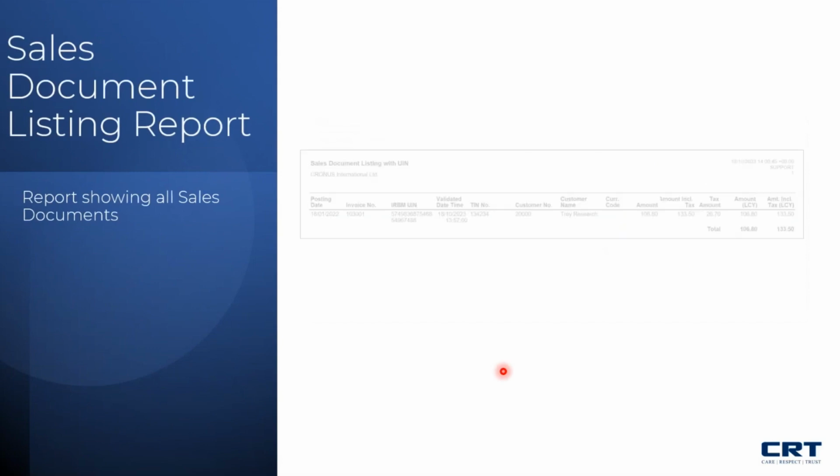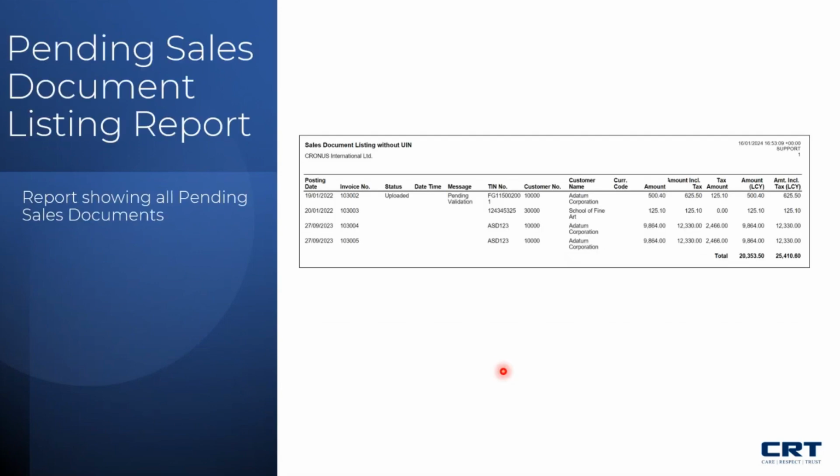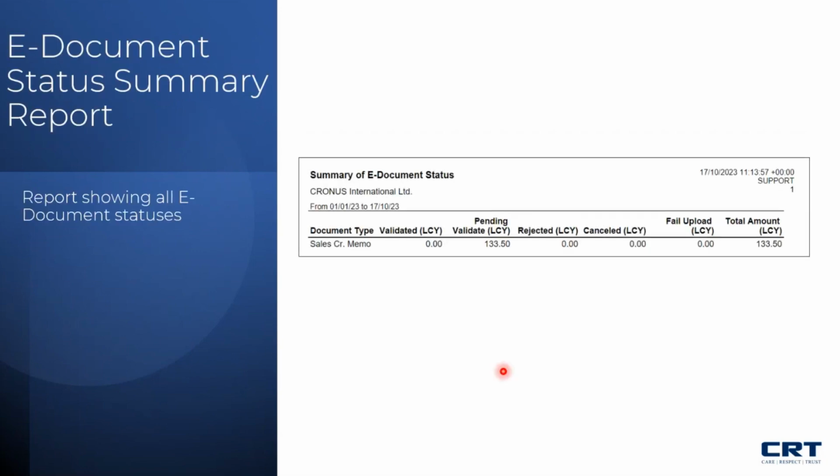Okay, next we have the sales document listing for the UIN and also for the pending listing. Okay, this report will be showing as the summary based on the document types and showing the amounts here.